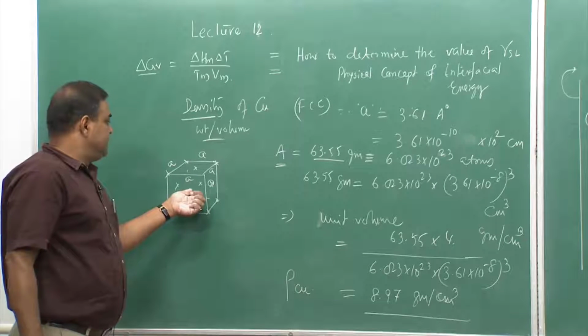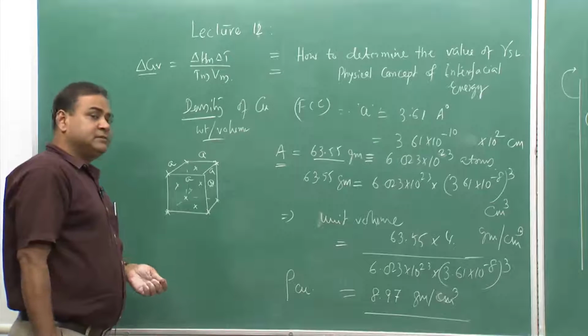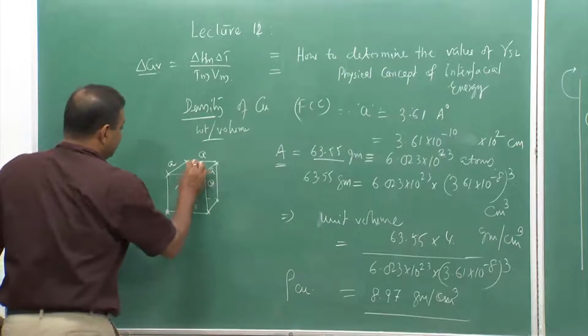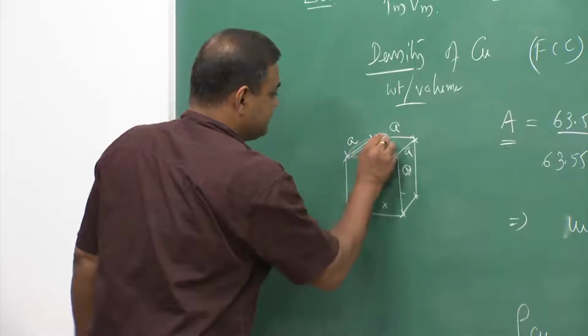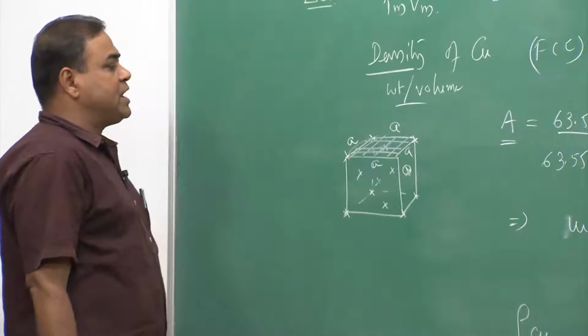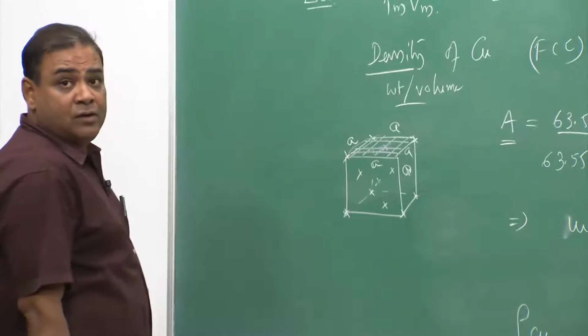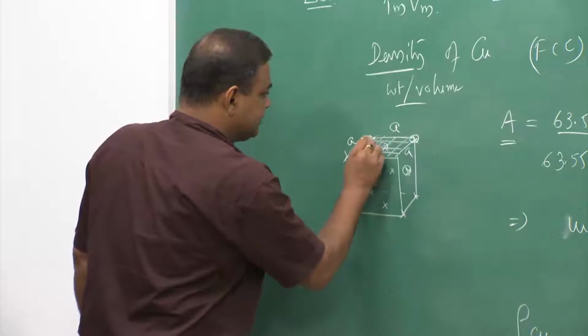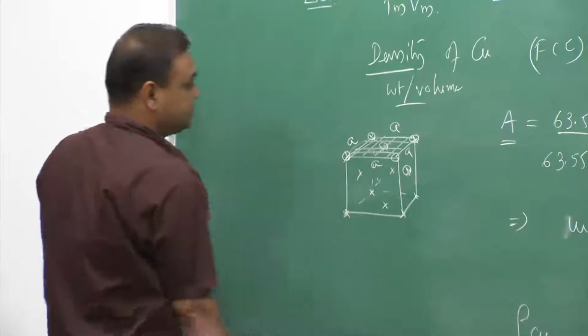So, we can calculate the density if we know how many atoms are there in a unit cell, if we know the lattice parameter. Similarly, we can also calculate the planar density. That means for this plane we can calculate how many atoms are there per unit area. So, this is atom, this is atom, this is atom, this is atom.